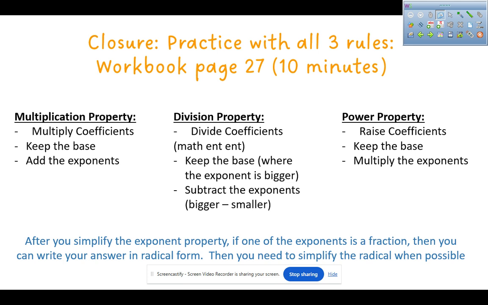I have the rules posted on the board so that you don't have to flip back and forth through your toolkit, but you totally can. After you simplify the exponent property, if there's a fraction as an exponent, you also have to do radical form. You'll see a blank for both of them. All right, so at 2:08, I'm going to post the answers. All right?